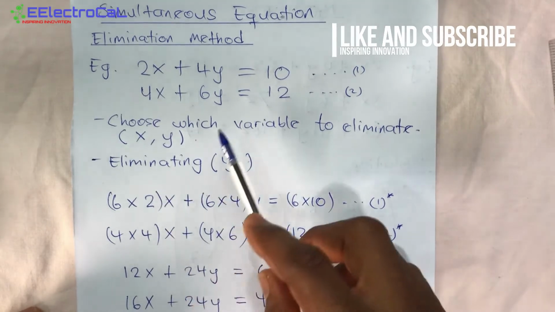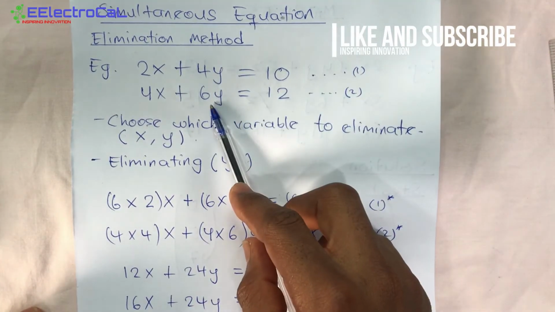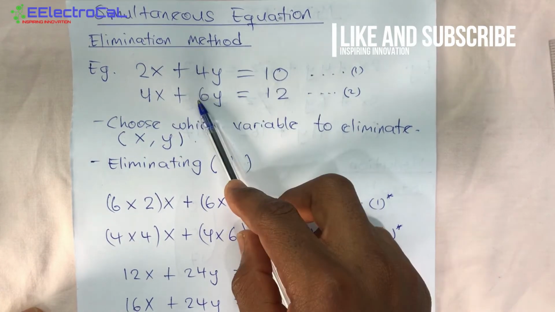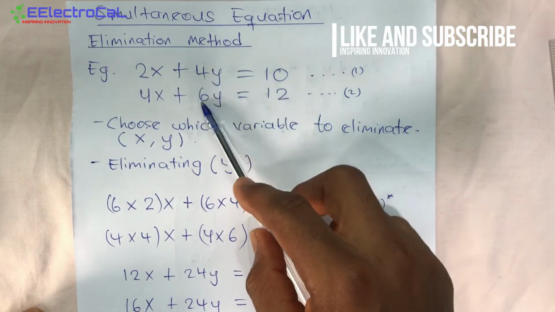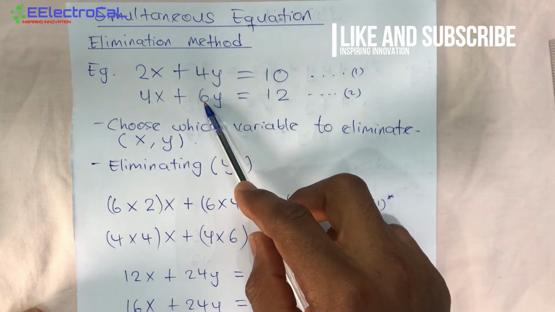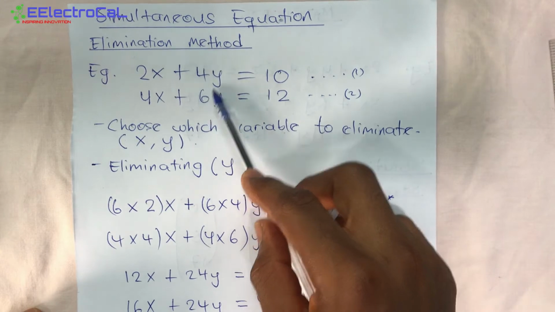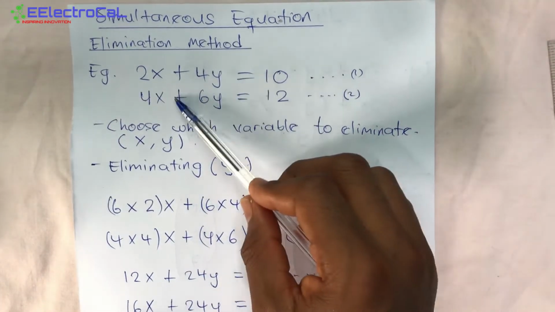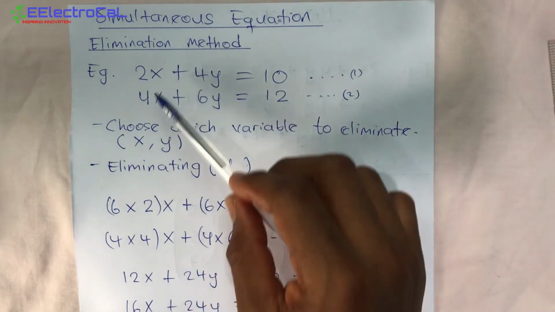To remove the y term, the coefficient of y has to be equal in both equations. So you have to find a way of making the coefficient of y equal, then you subtract them to make them 0. If they are equal with the same sign, subtracting gives 0, and that means we've successfully eliminated the term, so that we can solve for x.